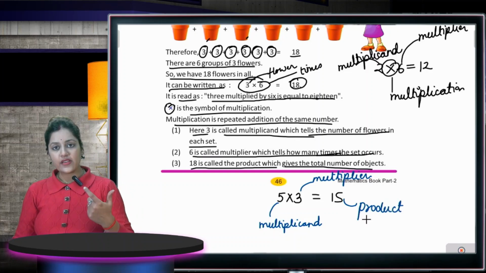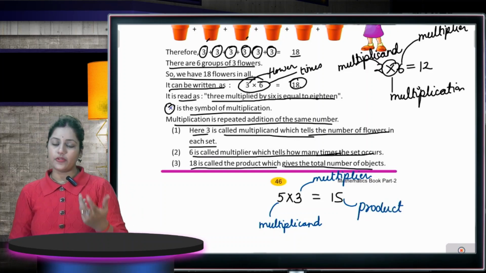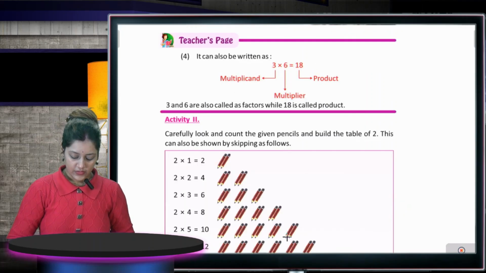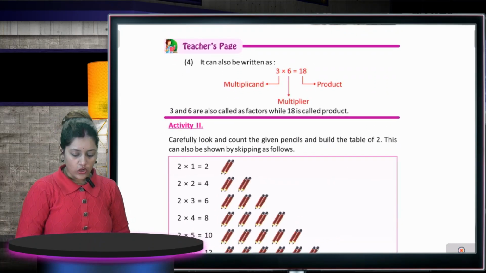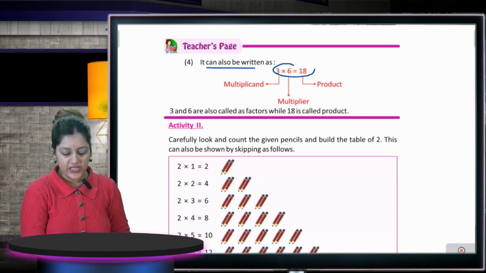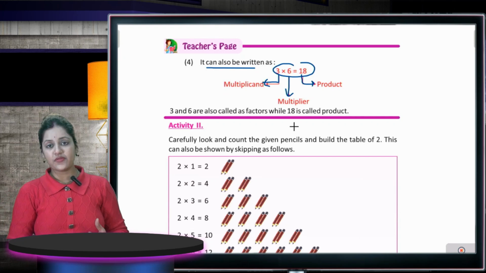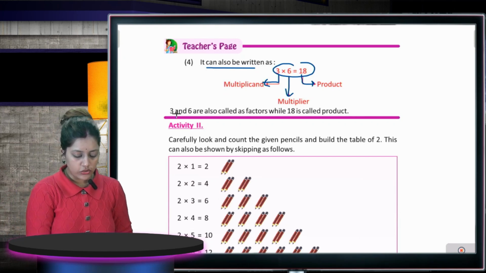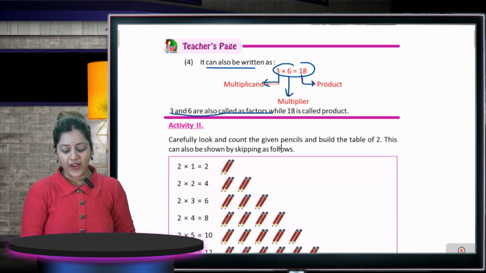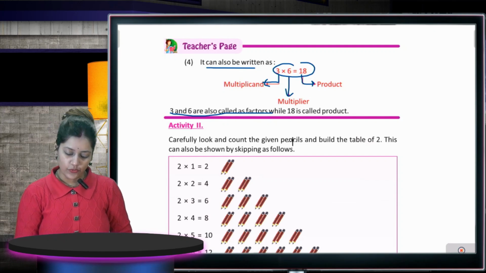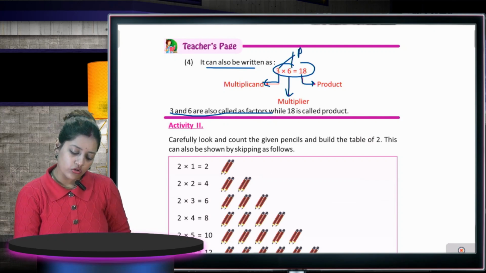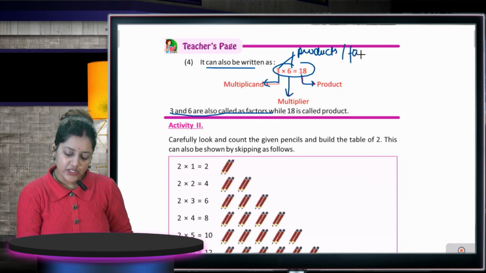So multiplicand, multiplier, and this is your product. Next, it can also be written as 3 into 6, 18, that is multiplicand, multiplier, and product. As we have already seen in one example, 3 and 6 are also called factors, of which 18 is the product.